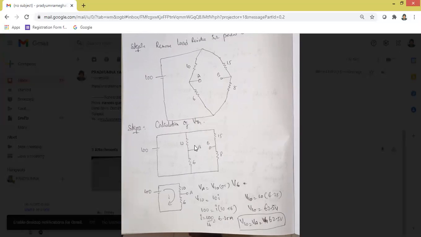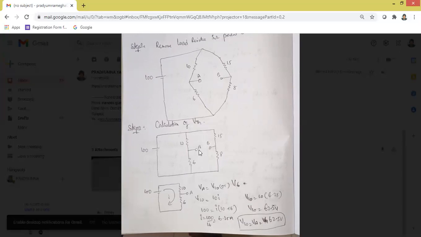That means if I select VA as 10, you have to go for VB as 15. If you select VA as 6, then you have to go for VB as 8. We cannot take VA as 10 and VB as 8, upper part or lower part. If you take VA as 6, you must take VB as 8.